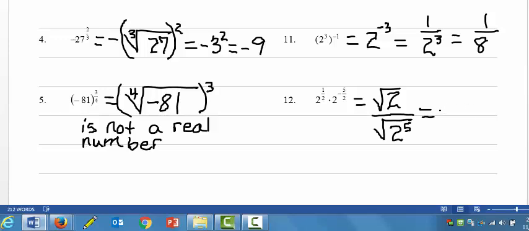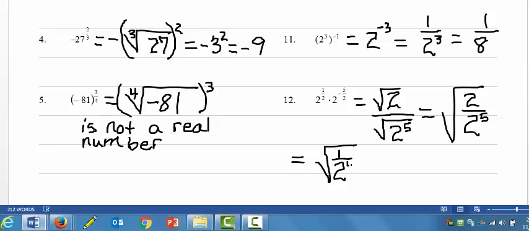So the rules of exponents tell me that I can make one square root and divide 2 by 2 to the 5th. The rules of exponents tell me 2 over 2 to the 5th is 1 over 2 to the 4th.